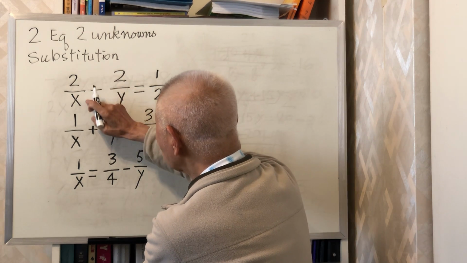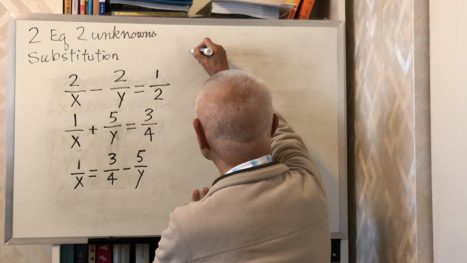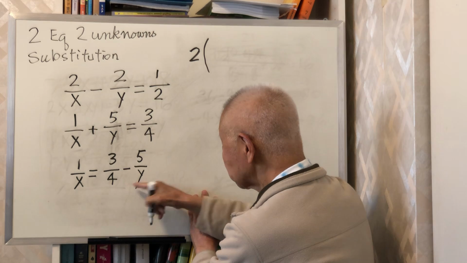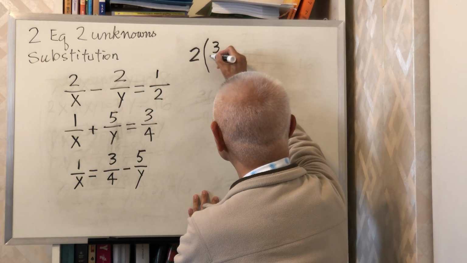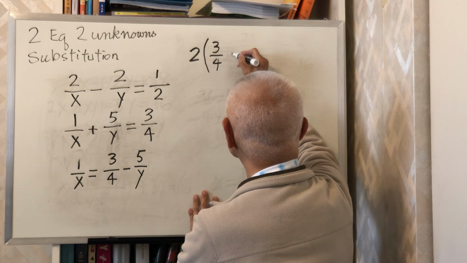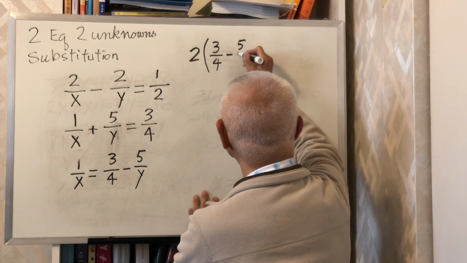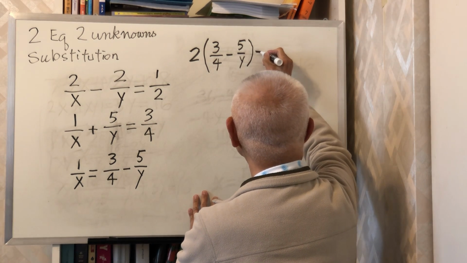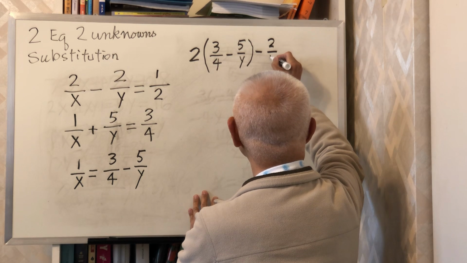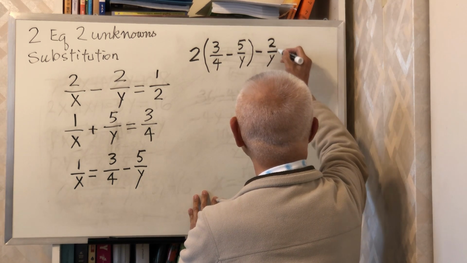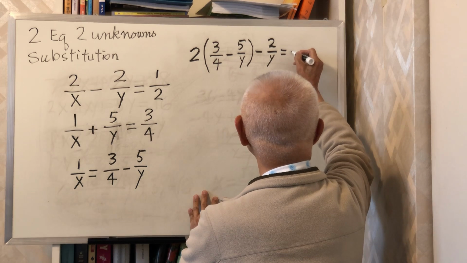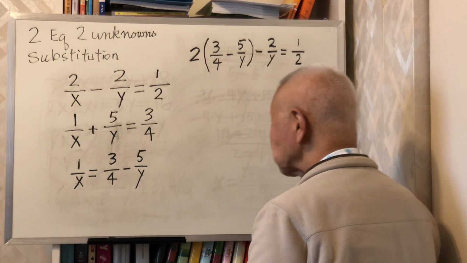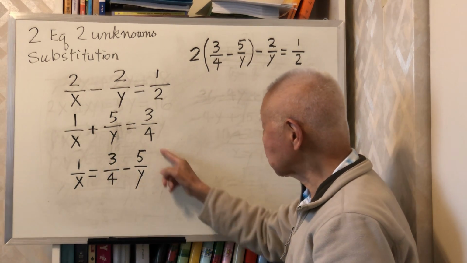This is 2 times 1 over x. 1 over x is this.